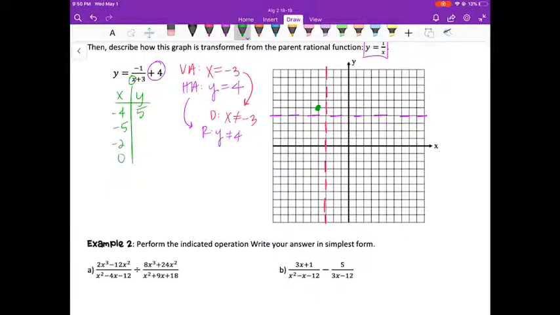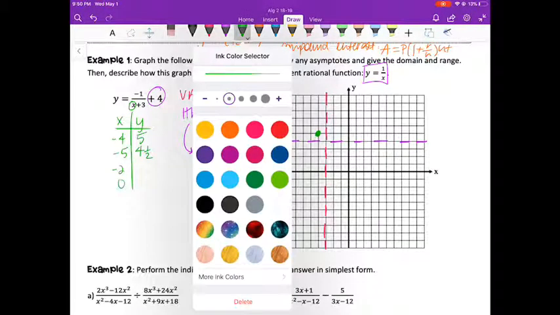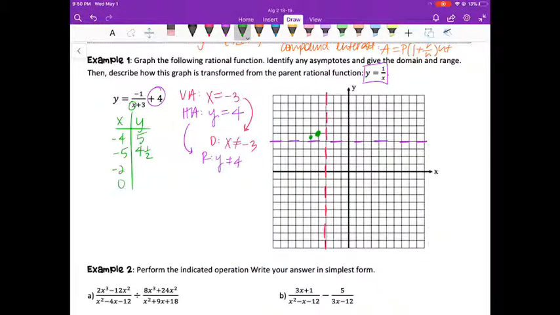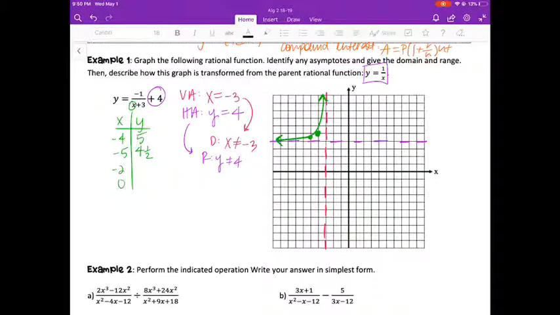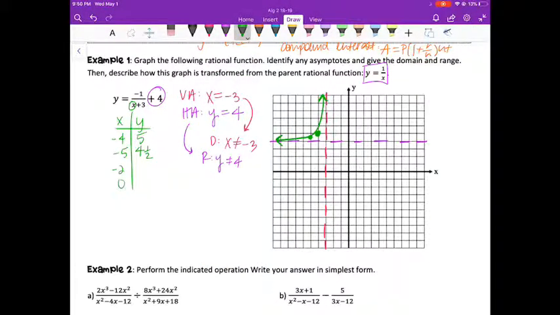Well, -1 divided by -2 is 1/2. Plus 4, that's 4.5. And so already with just those pieces, we can see what that branch would look like. Remember, our rational functions approach our horizontal asymptote as we go to the left and right, and our vertical asymptote as we go closer to our vertical asymptote.